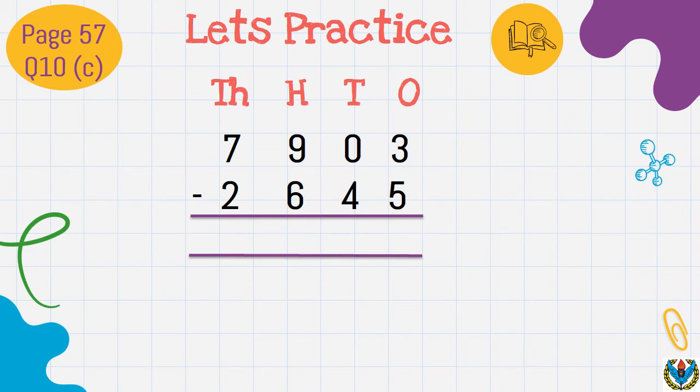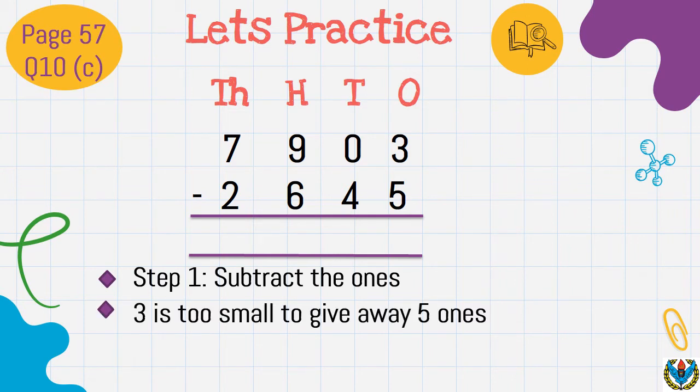Let's have another example. This is question number 10 part C on page number 57. In this question, 2645 is subtracted from 7903. The first step will be to subtract the ones. 3 is too small to give away 5 ones, so we need to borrow from the column at the left.